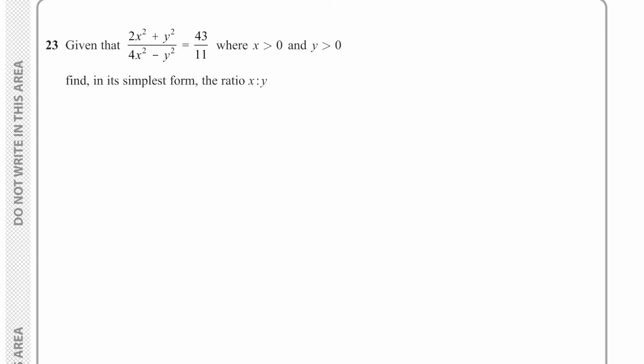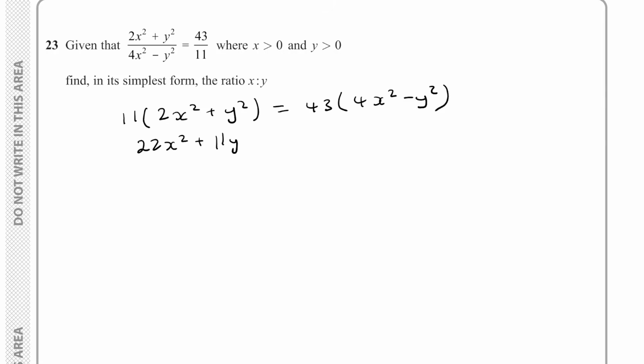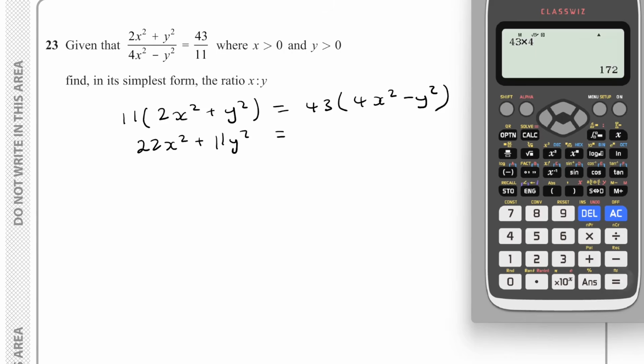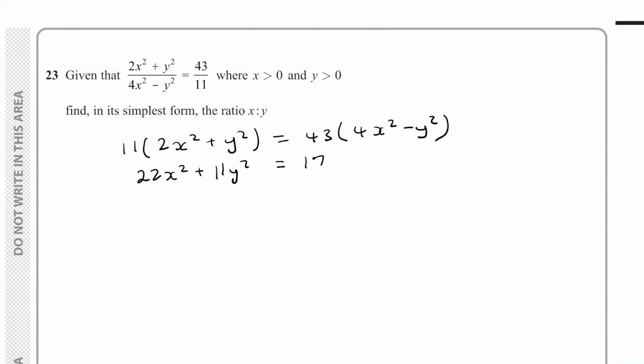If I get rid of the fractions first, times by 11 and times by 4x squared minus y squared, we'll just see where we get. So I've got 22x squared plus 11y squared equals 43 times 4, which is 172x squared minus 43y squared.